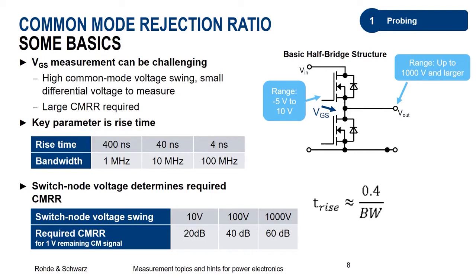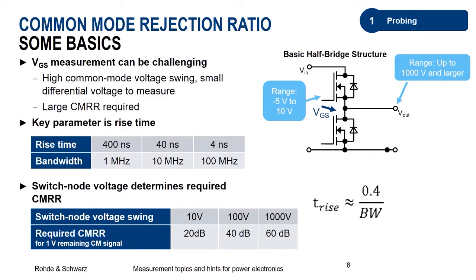The problem there is that the source pin of the MOSFET is often switching with high voltages that can be up to 1000 volt, and on top of this voltage you have to measure the gate source voltage. This means you have to suppress the 1000 volt switching common mode voltage in order to measure maybe the 5 volt signal that is differential.